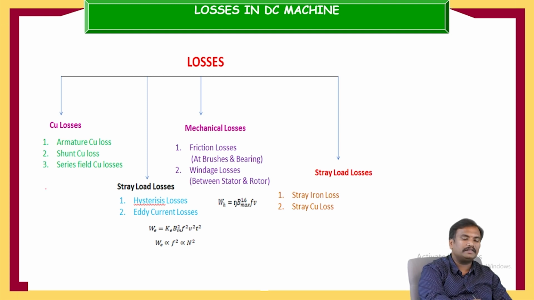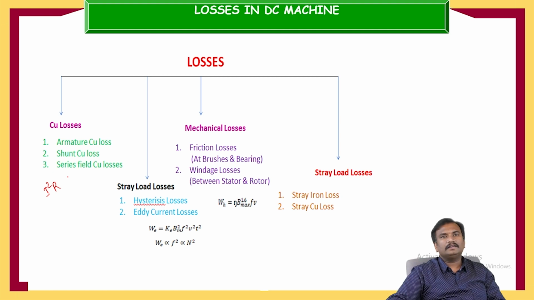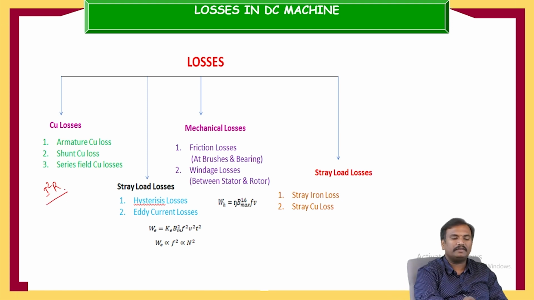The field winding copper loss and armature copper loss. Copper loss is nothing but I squared R loss, that is, based on the current, how much heat is developed in the conductors. That depends on the I squared R value. And the next one is the stray load losses.